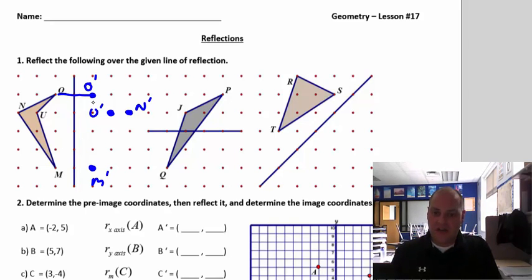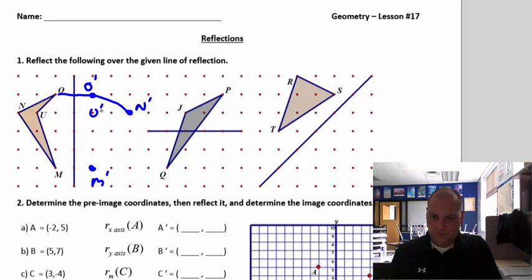Okay, so now all we got to do is connect. We're going to do the best we can to connect this. Oh, I don't want to connect there, sorry.